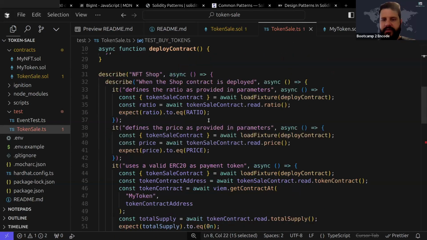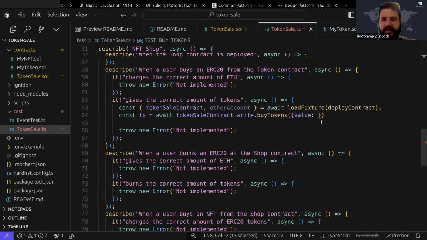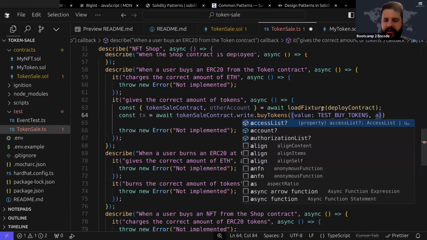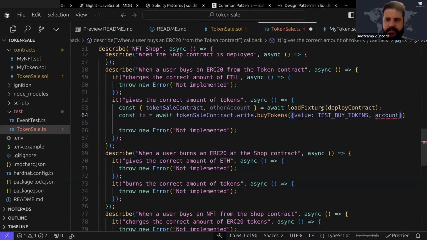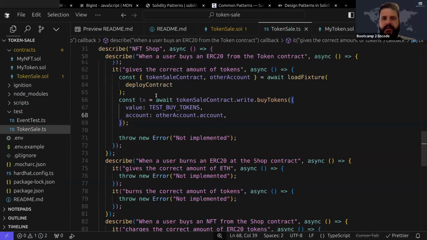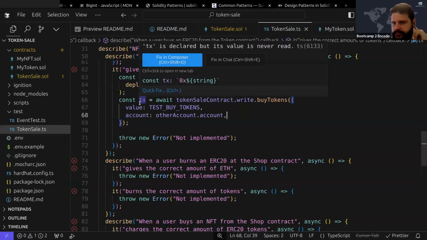Okay, so the value that I'm going to pass for that function is going to be test buy tokens. Also, I can specify the account, just so that we don't use the deployer all the time. It's going to be the account dot account. You do need to pick this account object all the time. This is going to send this transaction.